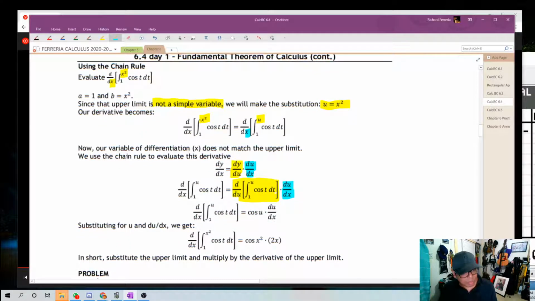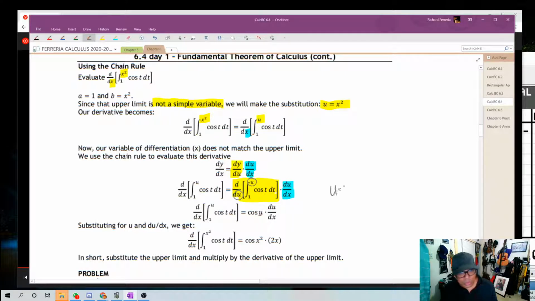Now, let's see. What is the derivative with respect to u of the integral of cosine t? Well, this time, the lower limit and the upper limit do match. So all I need to do is substitute u into the integrand. And then I have to multiply by du dx. Well, what is du dx?